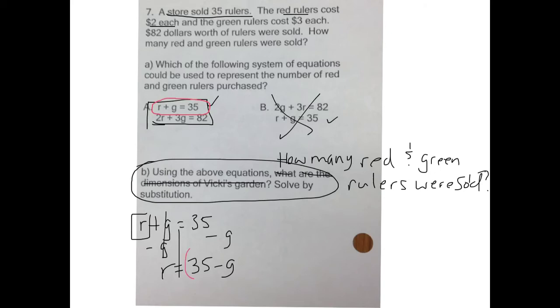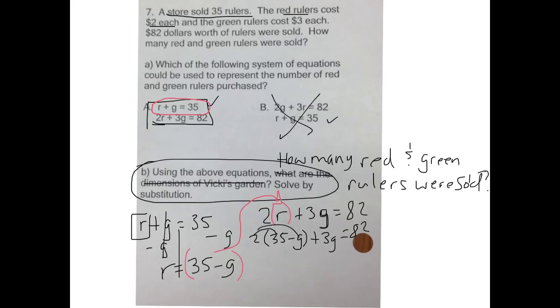Now I'm going to take this and plug it into the other equation for R. So here's the other equation, 2R plus 3G equals 82. I'm going to come right here where the R is, and replace it with 35 minus G. So it'll say 2 parentheses 35 minus G, plus 3G equals 82.